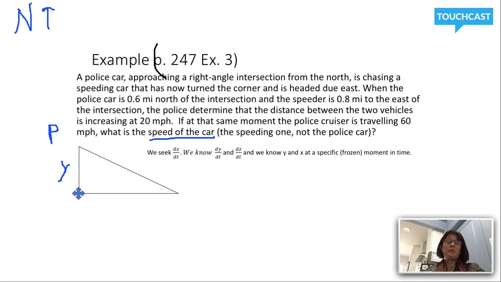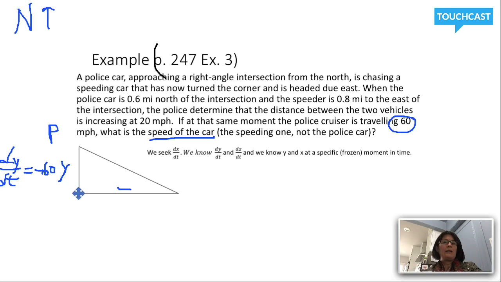Well, it's getting shorter because the police are driving toward the intersection. So I have to use that information along with the fact that they're going 60 miles an hour to say that dy/dt is negative 60. That's the trickiest part in this whole problem, to realize that the rate of change of y, since y is getting shorter, must be negative.